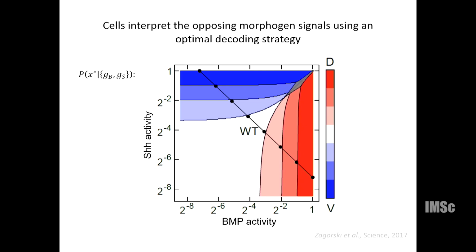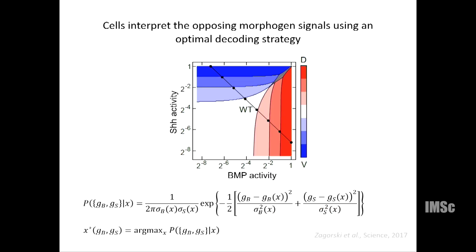We have a log-log plot, and we had exponential gradients on both sides. So if you have both exponential concentrations, and then you do the log-log, you end up with a straight line, and then this prediction for the wild type works really well. But this is how we formally define it, and we define the implied fate to be the x that maximizes this probability that is defined here.